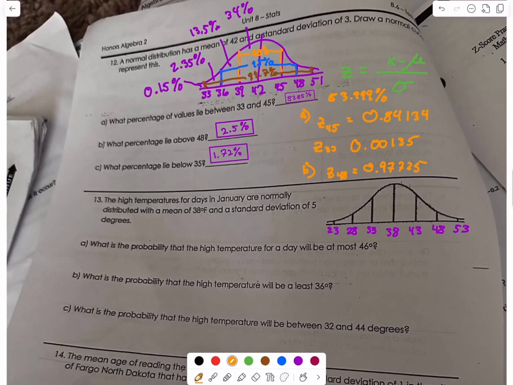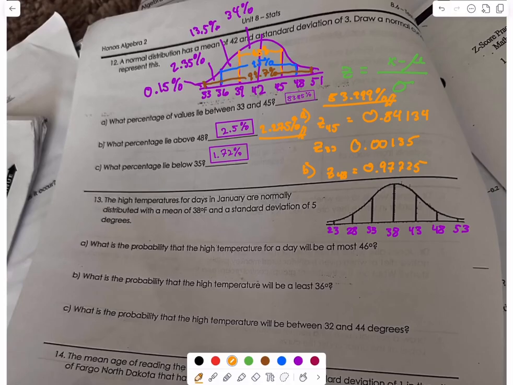So when we use the chart here, we got 2.275% above 48. Taking an estimate using our normal distribution curve, we got the purple. And when we start incorporating z-scores and things of that nature, we're getting these results in orange.